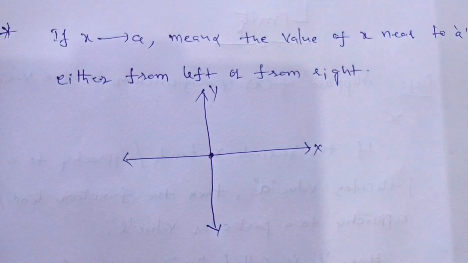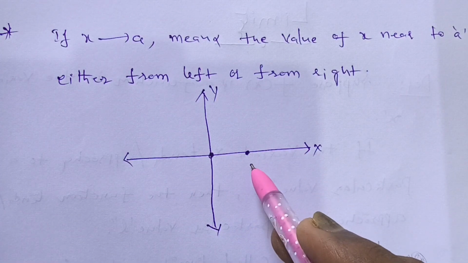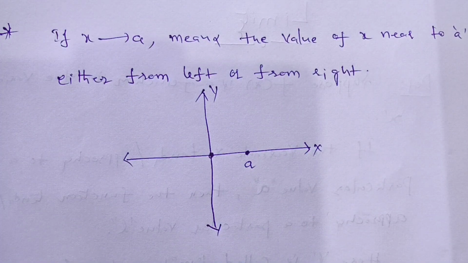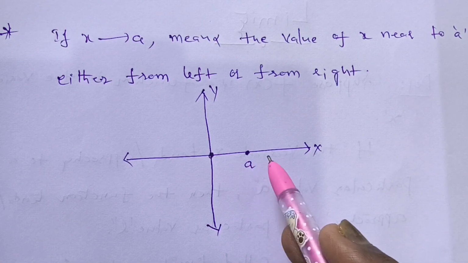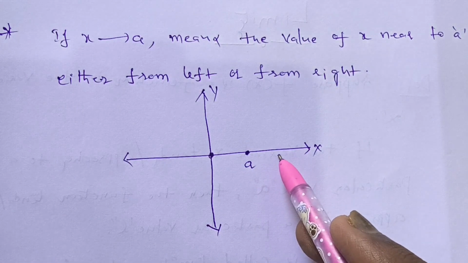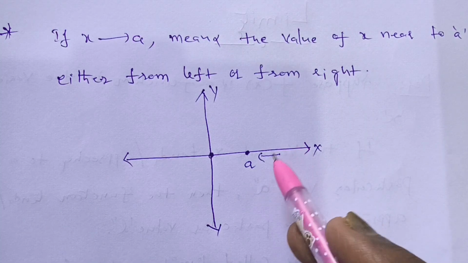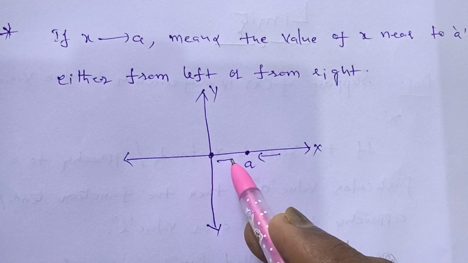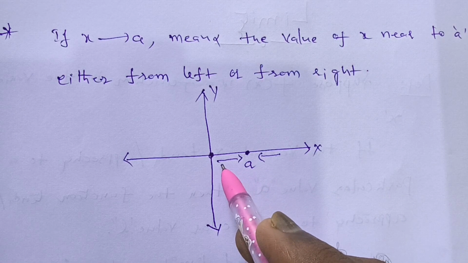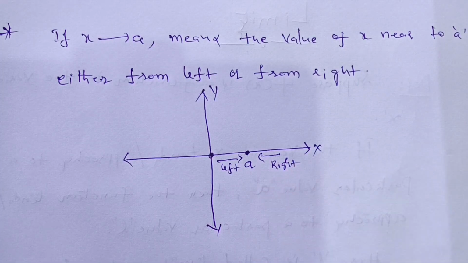This is the origin, we know. Suppose on the x-axis x tends to a means x is equal to a. On the x-axis we take a point a here. So all x values approach from the left. This arrow mark indicates all x values approach a from the left, and this is from the right.